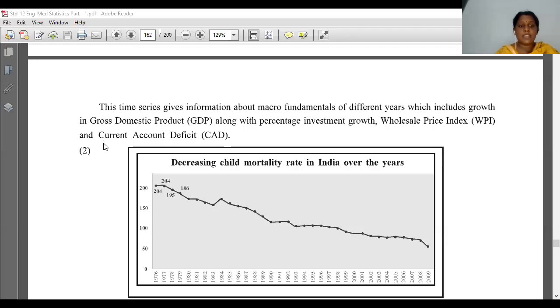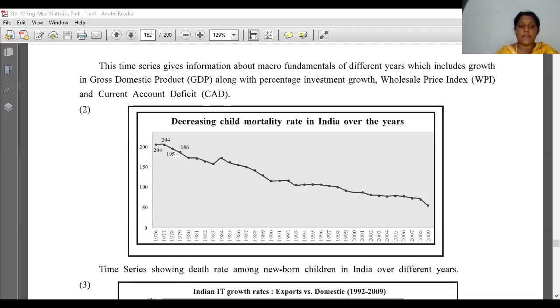Right now, this time series gives information about the macro fundamentals of different years, which includes growth in gross domestic product (GDP), along with the percentage investment growth, wholesale price index (WPI), and the current account deficit, that is CAD. All these things are given in this way. And decreasing child mortality rate in India over the years. See, in the year 1976, 1977, all this is given.